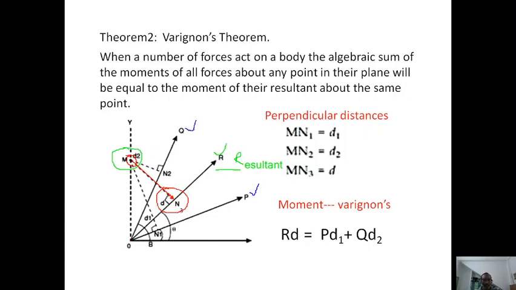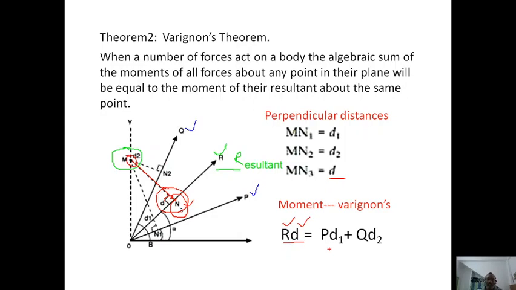So R into d, where I am taking M to N3 as d. Therefore, the perpendicular distance from M to N3 is d. To get the moment, I multiply the force by the perpendicular distance: resultant R and perpendicular distance d.